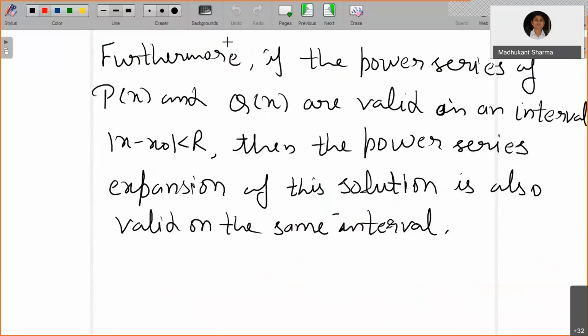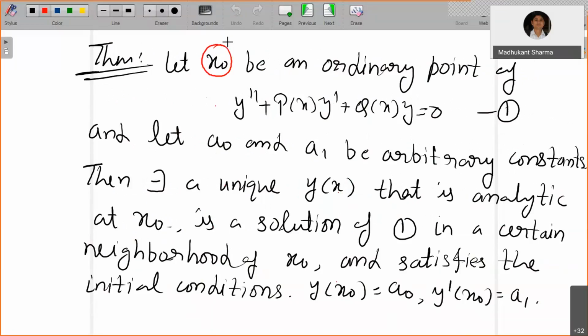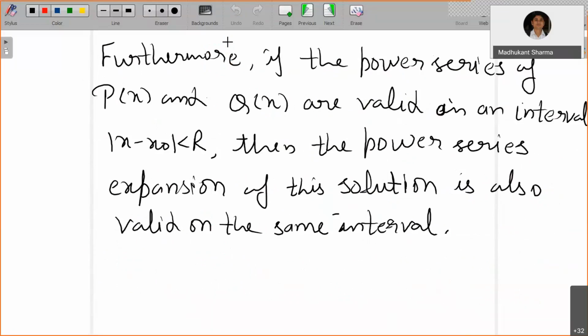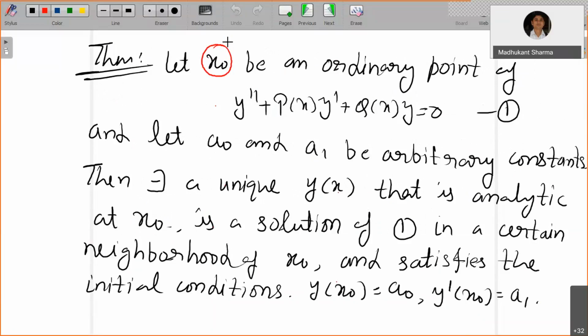So the continuation of this result says that when you verify that P and Q are analytic at x naught, it means that P(x) and Q(x) will have power series expansions, so they will have some interval of convergence. The solution will also have the same interval of convergence.